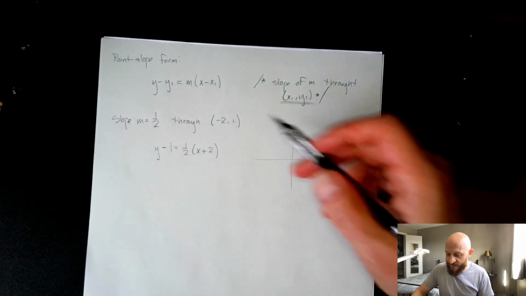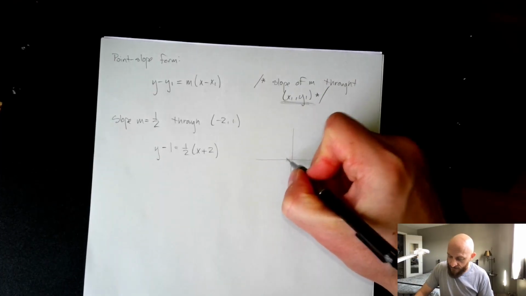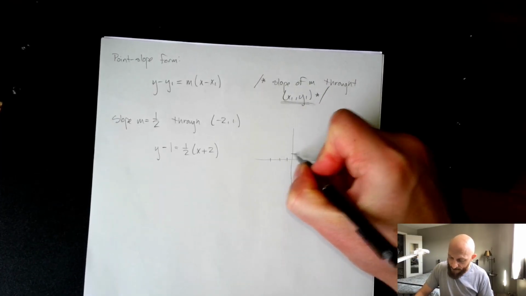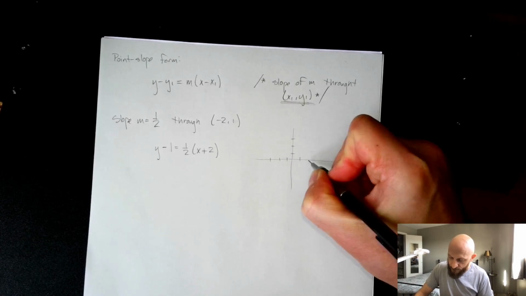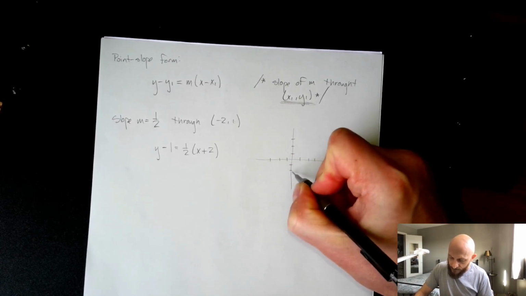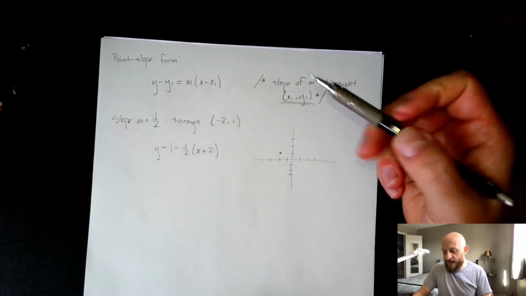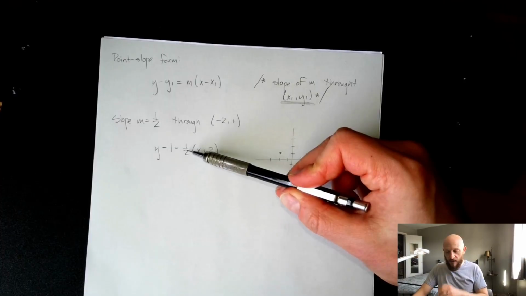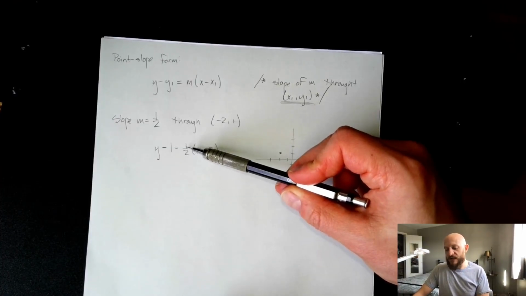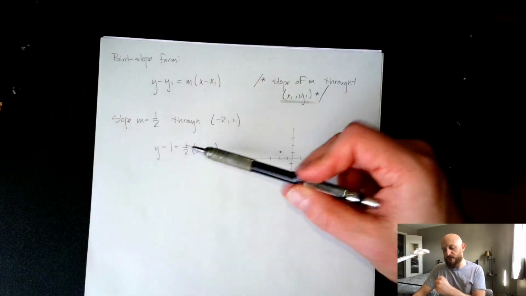And just a really quick sketch, it's exactly what we just did with point-slope form. We know that this thing goes through the point -2, 1. So here's -2 comma 1. It has a slope of 1/2, meaning it rises 1, it runs 2.